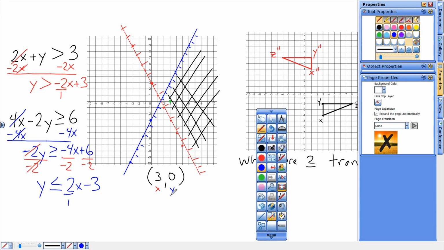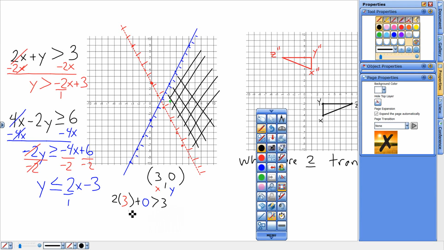So if I'm doing my check, that's me taking the 3 right here and then the 0 right here. Or I could of course plug the 0 and the 3 into the rearranged form, but I'm just going to use the original forms for my check. So my first check, from that red equation originally, 2x, plug in 3 for x, plus that 0 for y, should give you a true statement, something bigger than 3.